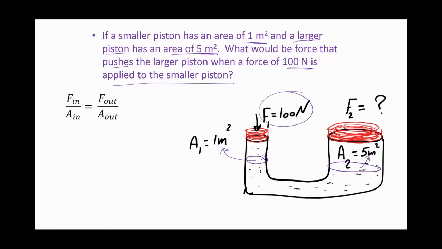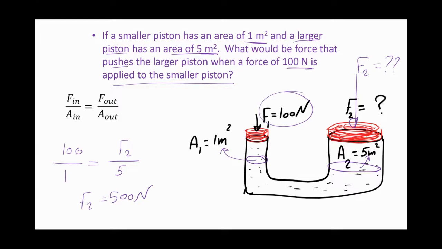If you apply a force 100 Newton here, how much force should you apply on the other side to balance the 100 Newton? Pressure equals pressure. So force over area equals force over area. So 100 over 1 equals F2 over 5. So F2 is 500 Newton.